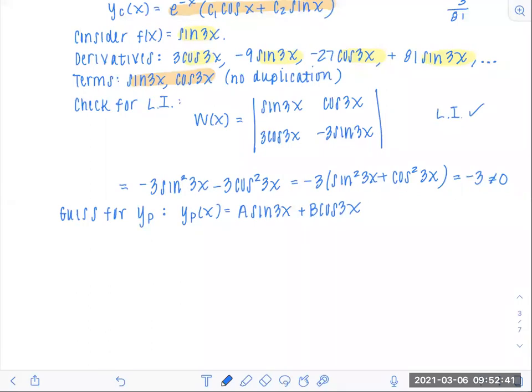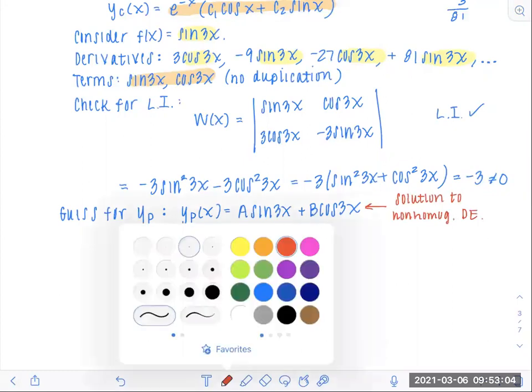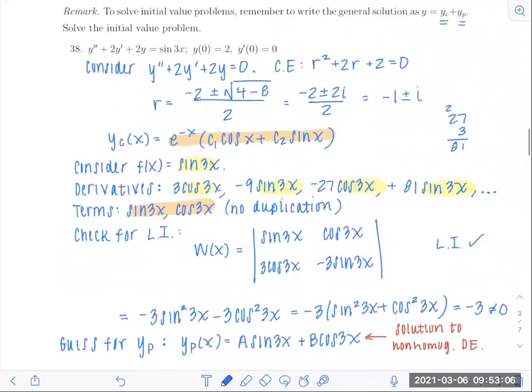So now again, remember, what is the particular function? This is a solution to the non-homogeneous differential equation. That means I should be able to plug it into the original non-homogeneous DE to solve for those coefficients A and B. So what was our original DE? It was second order.